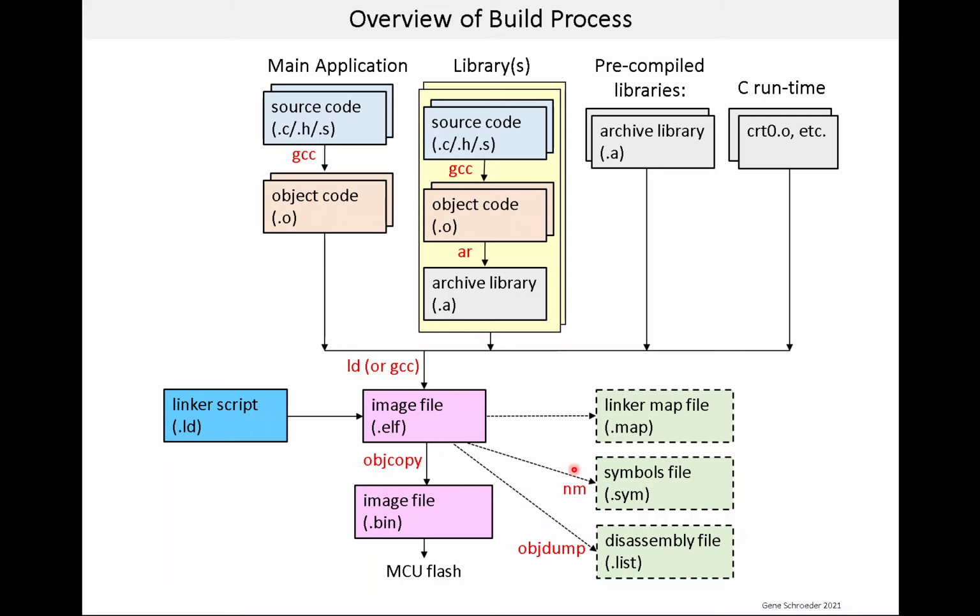The .sym file produces a simple table showing the symbols and their values. The .list file contains a disassembly of the image file, where the original C code appears next to the assembler code. It is useful for some kinds of debugging or just to see how the compiler has converted C into assembly.